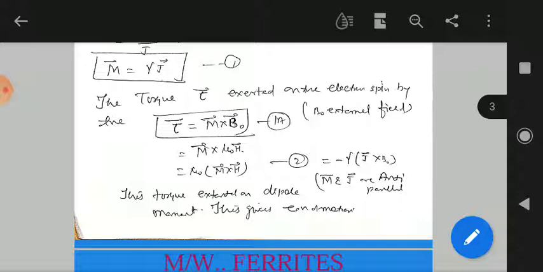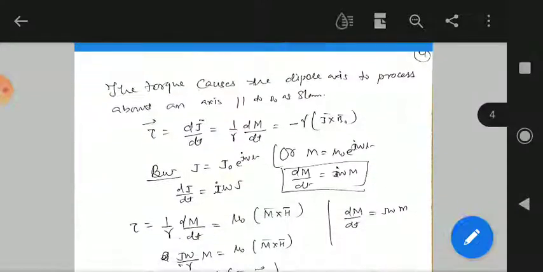The torque exerted on the dipole moment gives the equation of motion. The torque causes the dipole axis to precess about an axis parallel to B0. On this, tau equals dJ by dt, and this is 1 by gamma dM by dt, minus gamma J cross B0.